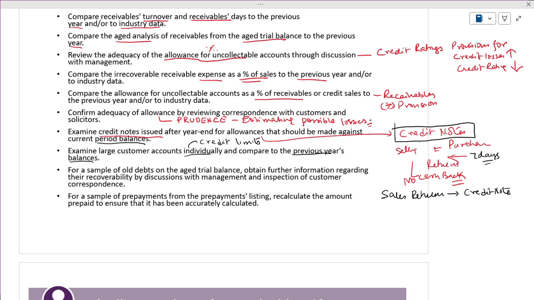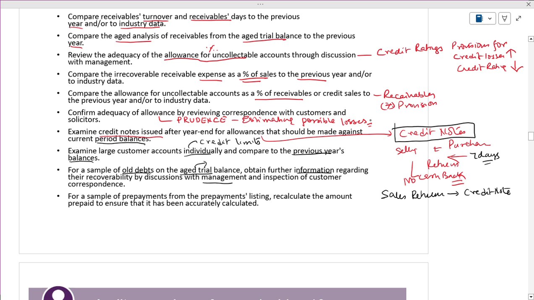For a sample of old debts on the aged receivables, obtain further information regarding the recoverable amount, regarding the recoverability by discussion. When there are aged receivables, nobody will write off.